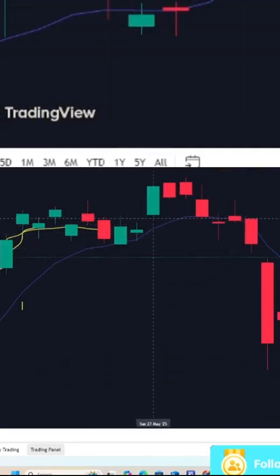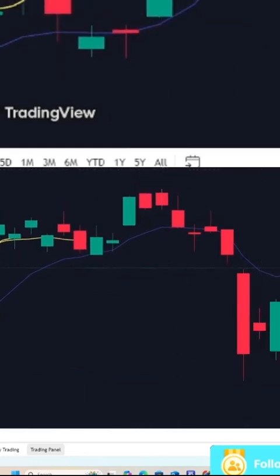If I were to sell myself, as soon as you see the candles get below the moving average, you can sell there. Some people will sell back there as soon as it turns red. Remember, you buy low and you sell high.